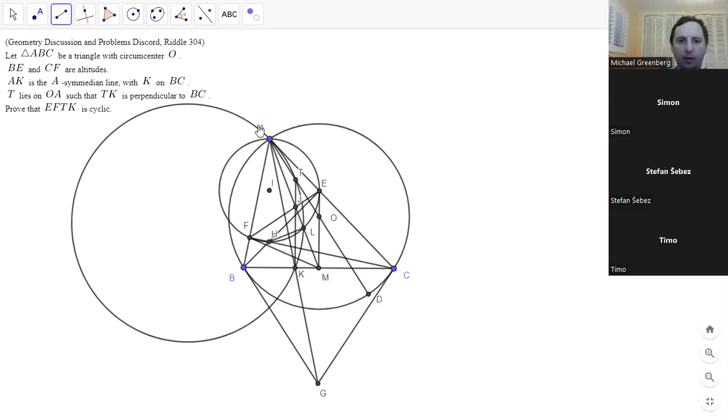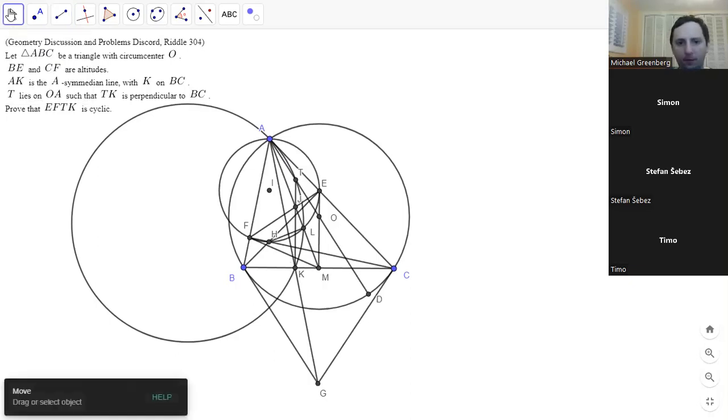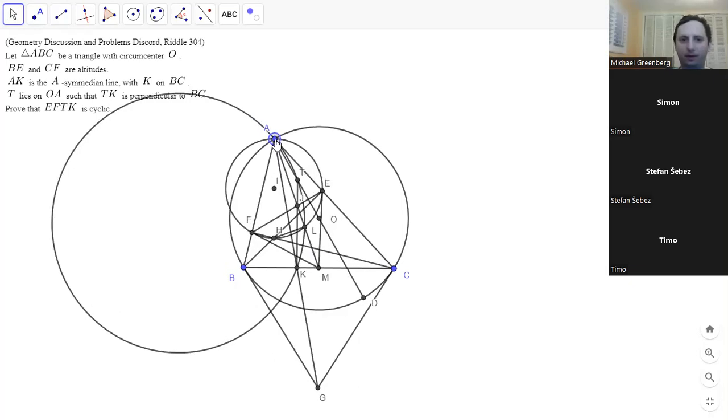So AJLM is harmonic. And once we know that's harmonic, then KA, KL, KJ, KM is harmonic. So it has to be an angle bisector, right? Because MKJ is 90, that is why it needs to be. Yeah, exactly. All right.